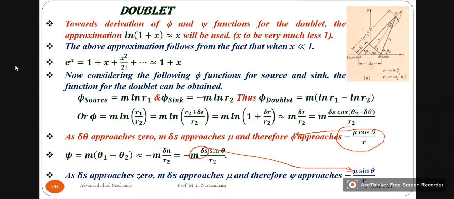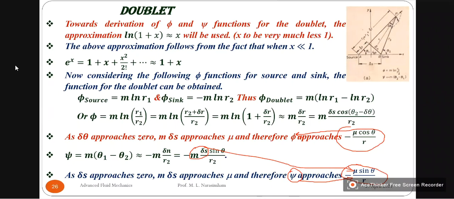So therefore, psi of doublet is minus mu sin theta by r.